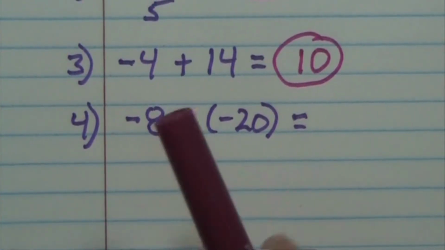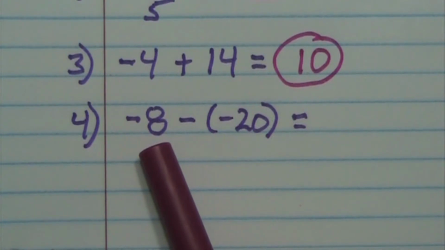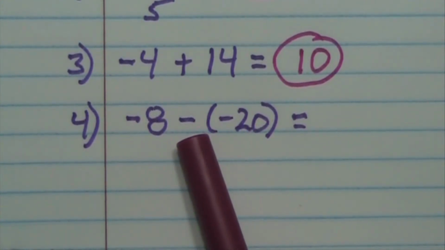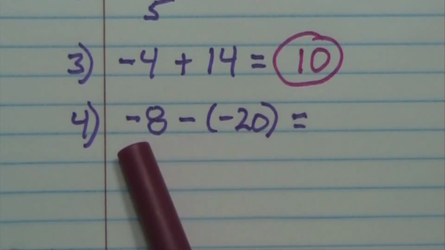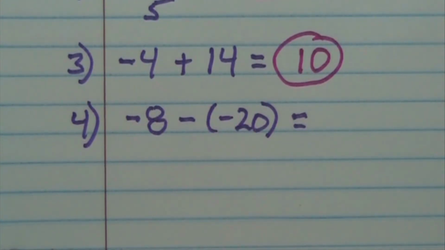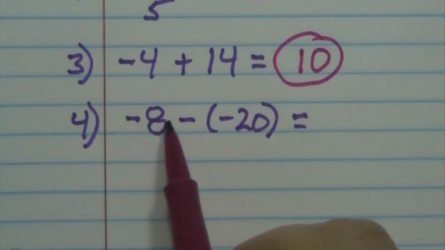Number 4, we have negative 8 minus negative 20. Negative 8 minus negative 20. And the answer is? Well, let's see. I have negative 8.